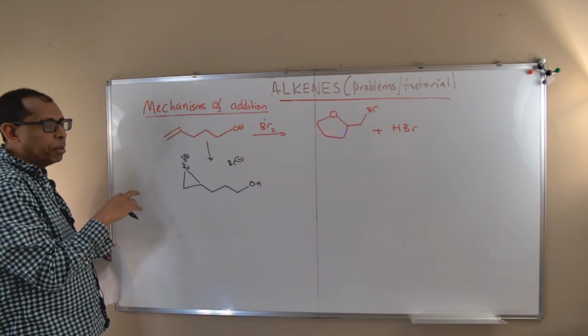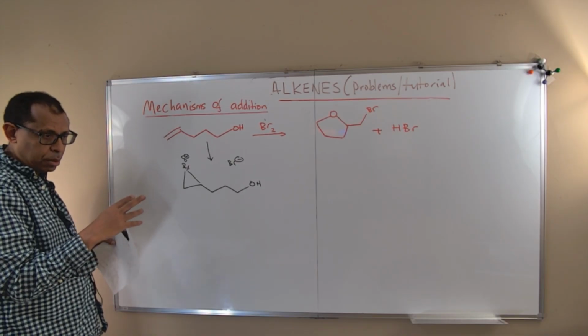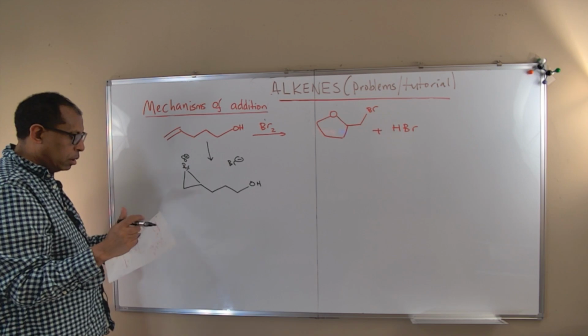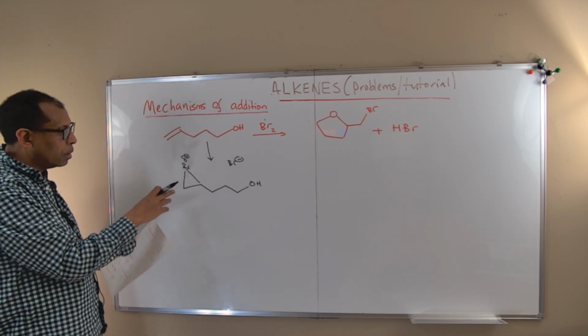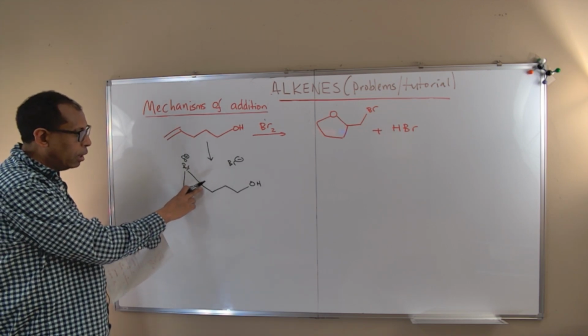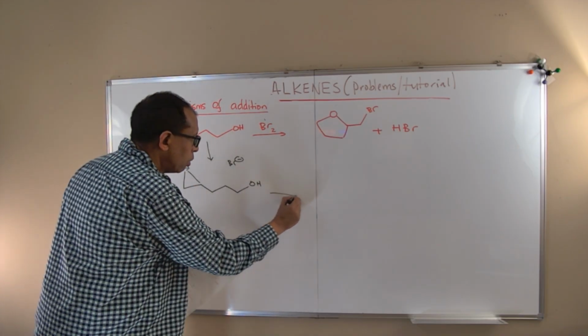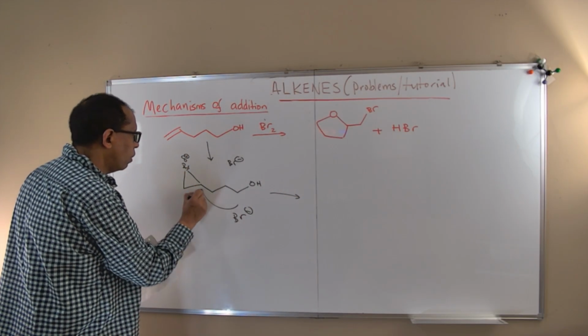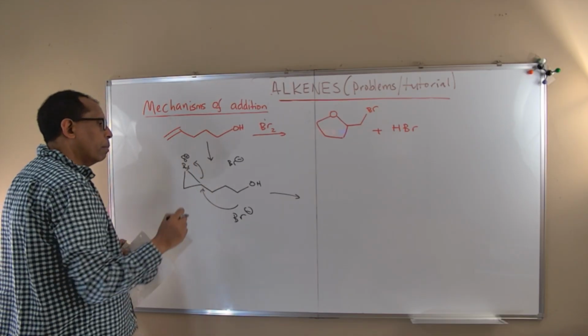Now the Br comes from the anti position, which is different stereochemically. This would form from the highly substituted position. So Br minus would attack and form a dibromo compound.